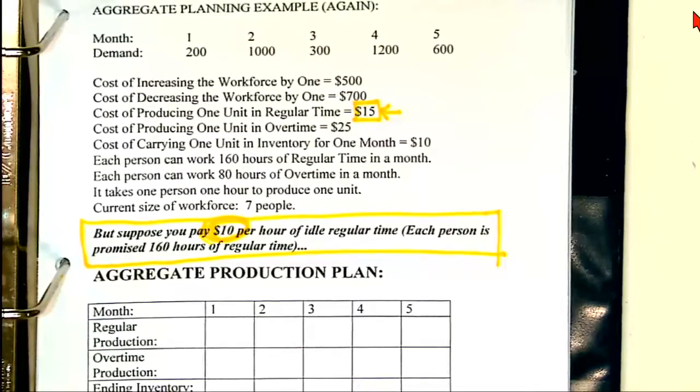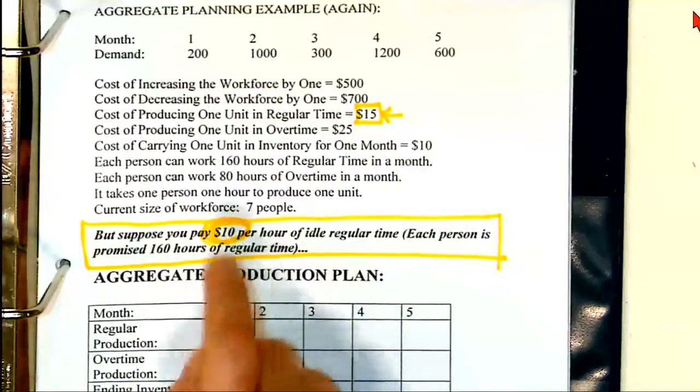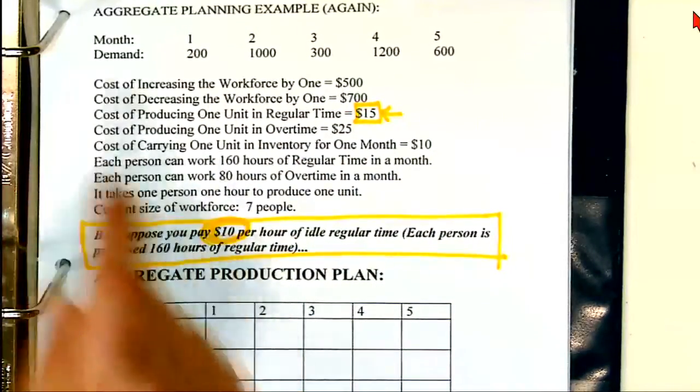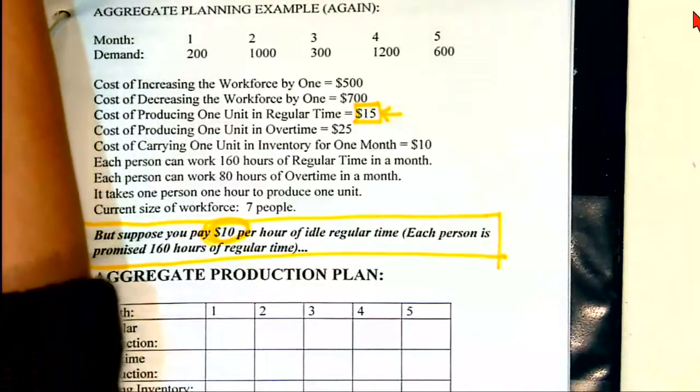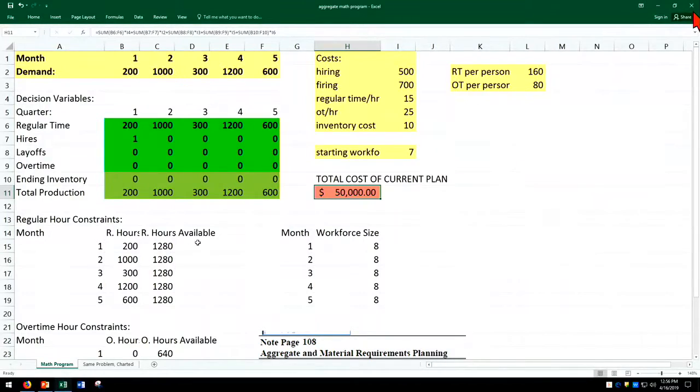All right, well, if we have all the same thing, but this thing we forgot: if you don't use somebody's time, you still pay $10 for it. We can revise this spreadsheet fairly easily because that's calculating the regular time used each week.